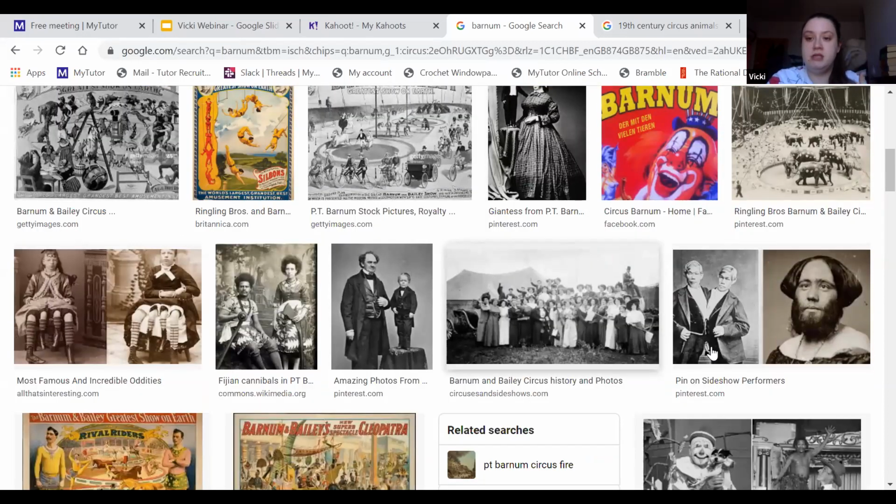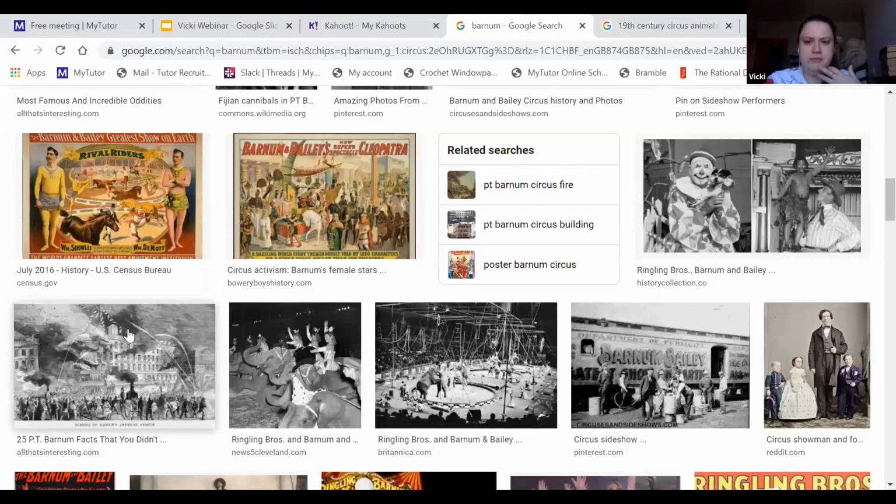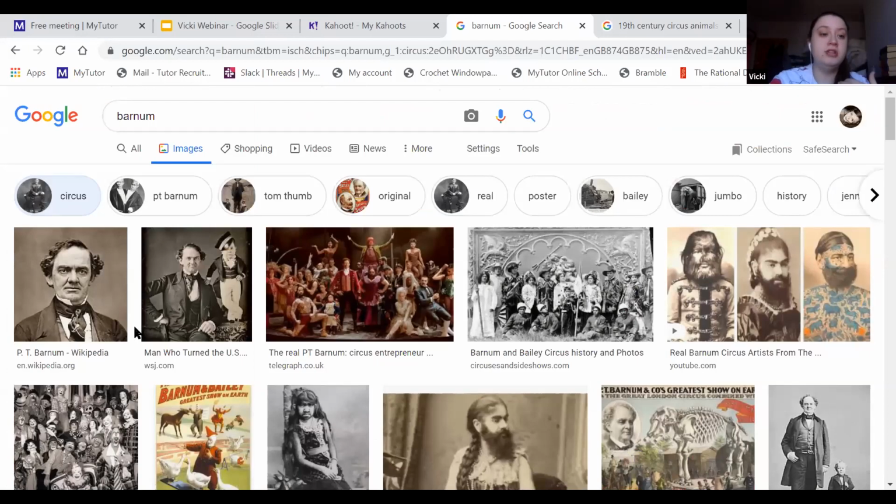You've got Siamese twins here that were being taken on tour and shown to people. People with additional legs, people who really need a lot of care and support to remain healthy as much as they can, and they didn't really get that. So that's what P.T. Barnum did.